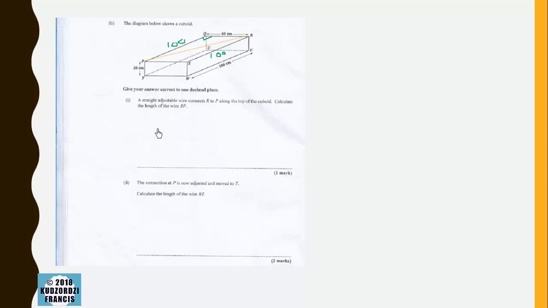So by Pythagoras Theorem, you are going to get RP squared is equal to this side, which is RS squared, so 100 squared, plus this side, which is 60 squared.